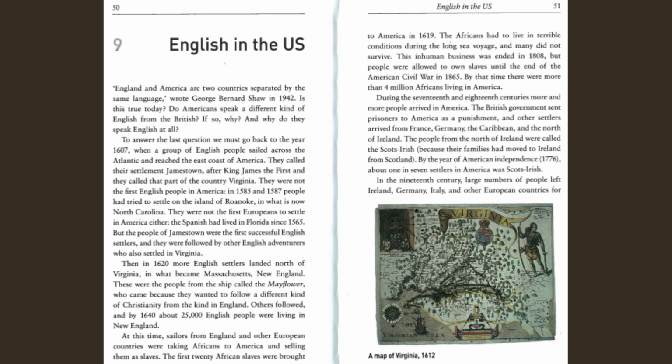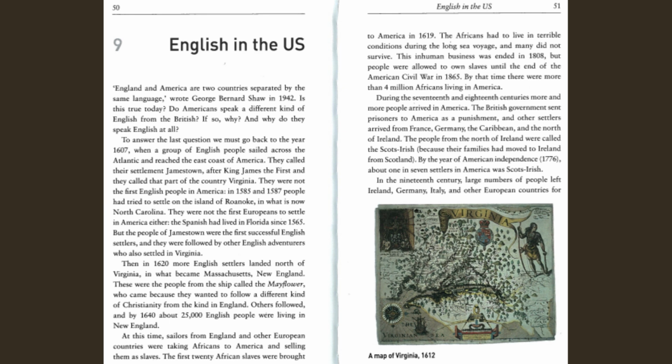Then, in 1620, more English settlers landed north of Virginia in what became Massachusetts, New England. These were the people from the ship called the Mayflower, who came because they wanted to follow a different kind of Christianity from the kind in England. Others followed, and by 1640, about 25,000 English people were living in New England.